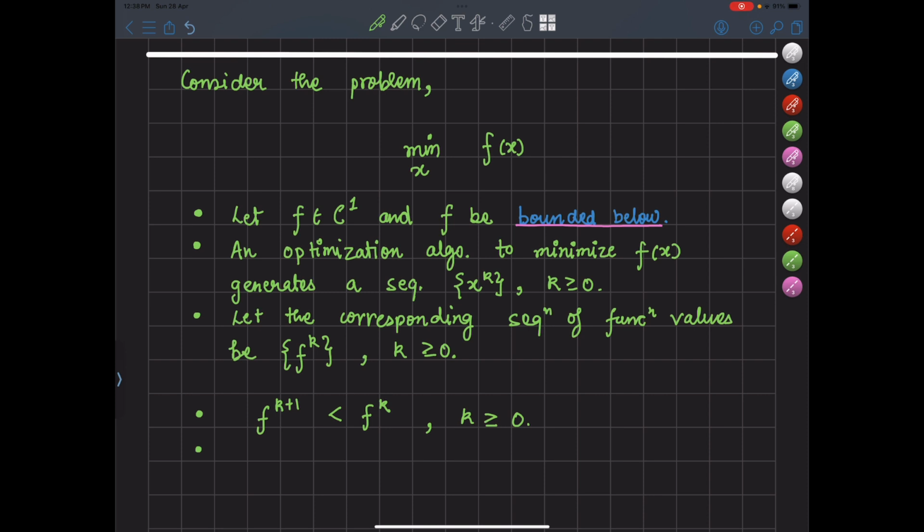And the stopping condition of the algorithm that we saw was that the norm of the gradient should be less than epsilon. So as soon as the norm of the gradient at a particular point goes below a certain very small value epsilon, the algorithm stops. So if it goes below epsilon, then the algorithm converges, or you can say it stops. So the question that we asked was, does this always happen?